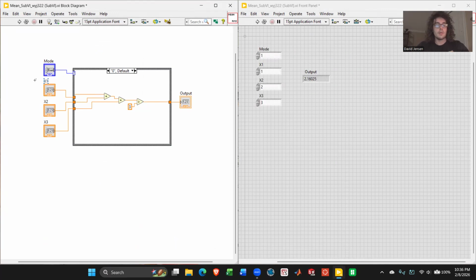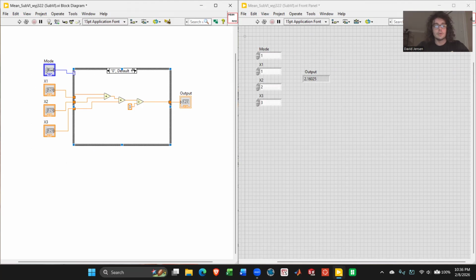We fed that with three numerical controls as inputs and a numerical indicator as an output. The case itself is determined by this enumerator input, and when the enumerator value changes, it will signal the case structure to execute one of the different cases.